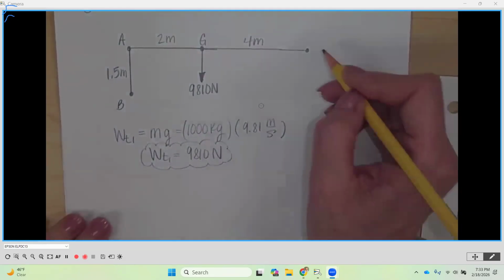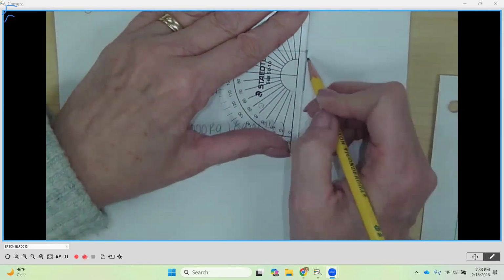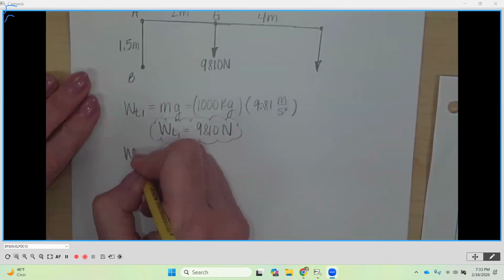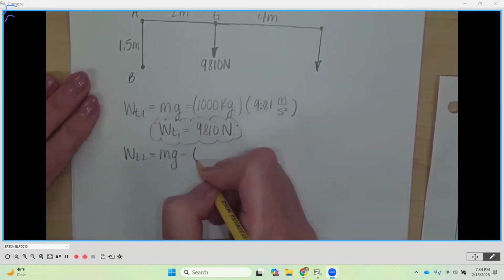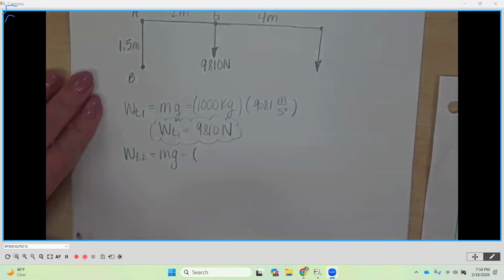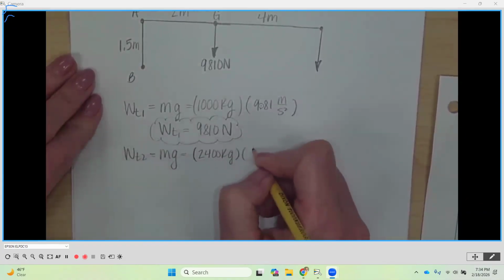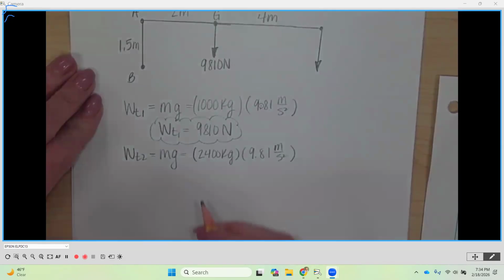Now we want to know the force we're going to show out at the end, and that's going to be our weight number 2. WT2 is also mass times gravity. This time our mass was 2,400 kilograms, so we multiply that by the same 9.81 meters per second squared.